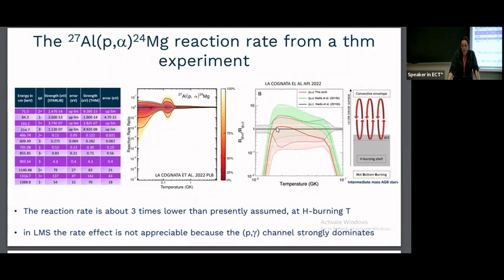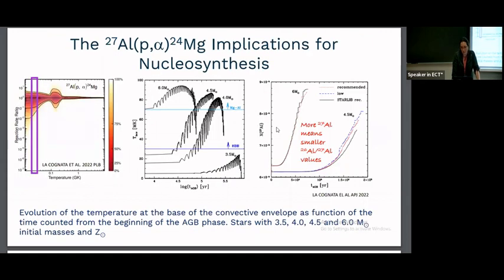There is a smaller effect that can in any case be appreciated in running intermediate mass stars. In that case, we discovered that in 4.5 solar masses, the amount of aluminum-26 in the stellar envelope is a bit larger. Not so large to have very important results, but in any case, we can appreciate the effect.